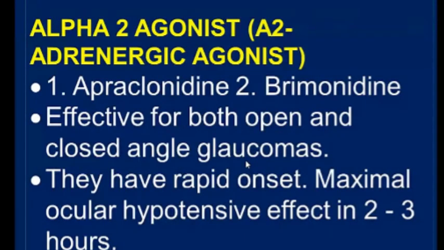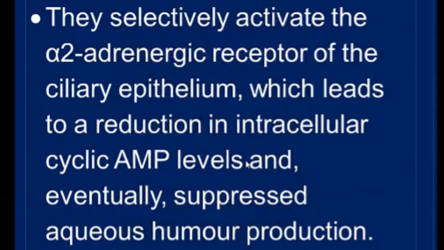Another classification is alpha-2 agonists. I've already mentioned them. They are brimonidine and apraclonidine. They can be used for both open and closed angle glaucomas. They have rapid onset and they have maximal effect on ocular hypertension within 2 to 3 hours.